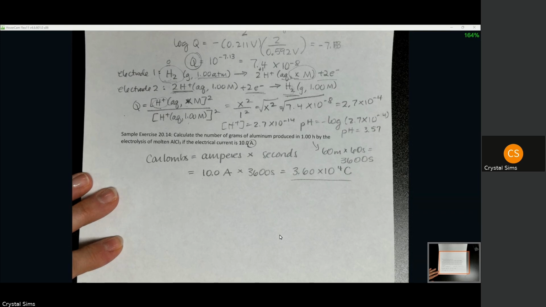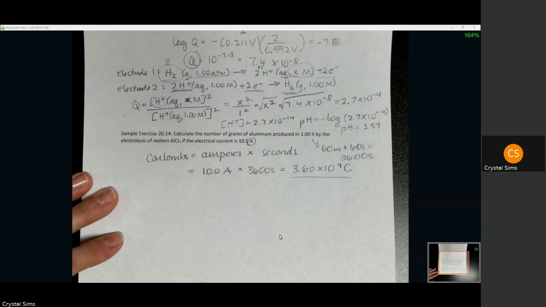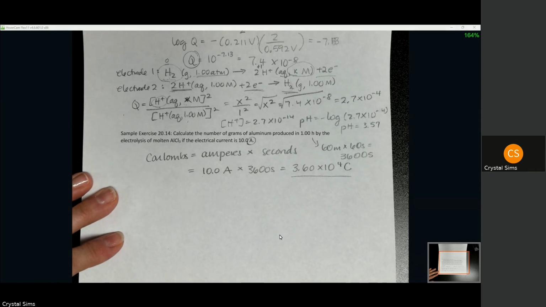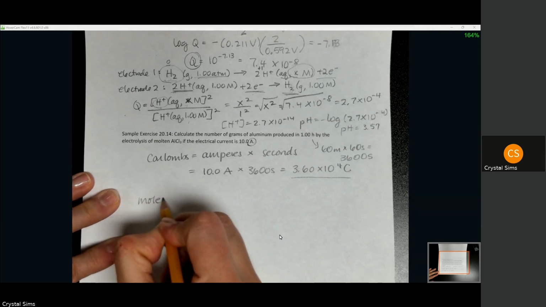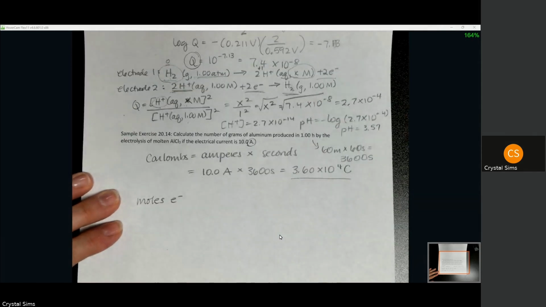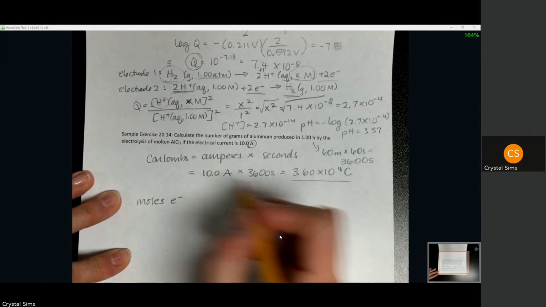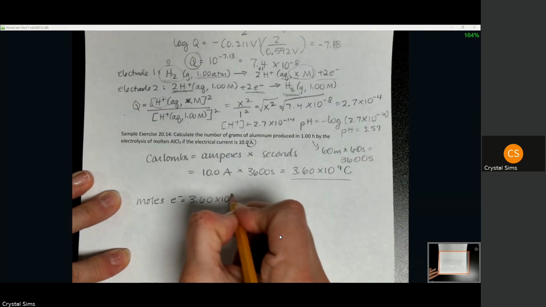So we've got that. Okay, now we need to figure out, because remember the Faraday constant is the charge on 1 mole of electrons. So we need to figure out how many moles of electrons are going to pass into the cell. So let's figure that out. So moles of electrons, and in order to figure this out, we're going to take our coulombs that we just solved for, 3.60 times 10 to the 4th.